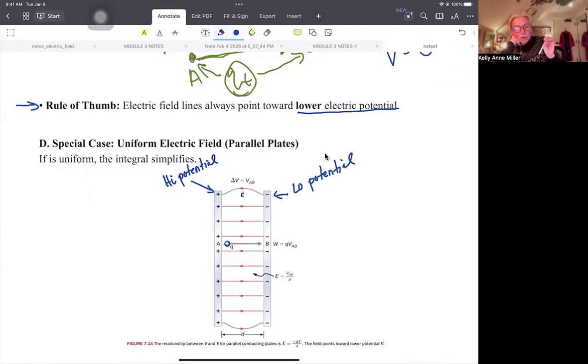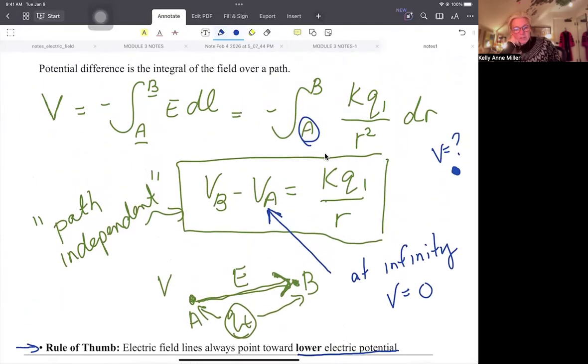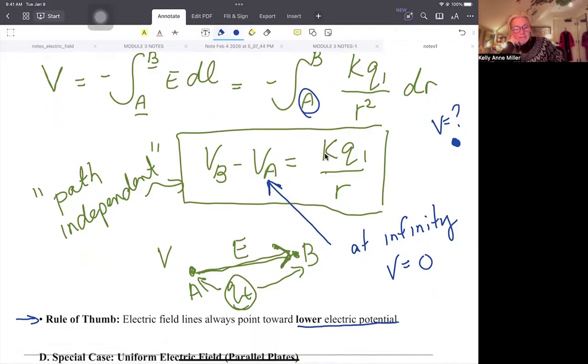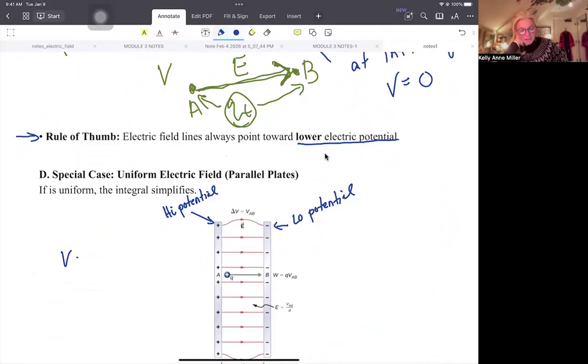So when you have a uniform electric field, like in the case of a parallel plate capacitor, this integral, V equals the negative integral, simplifies down because of the symmetry of the field to just the electric field times the distance between the plates.